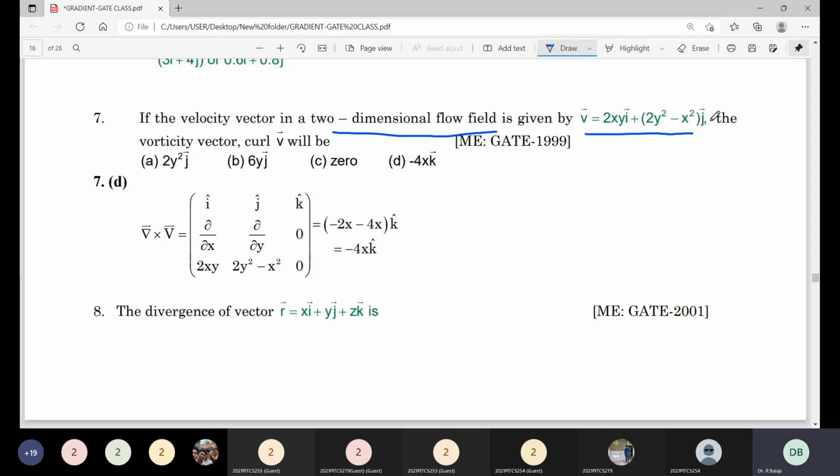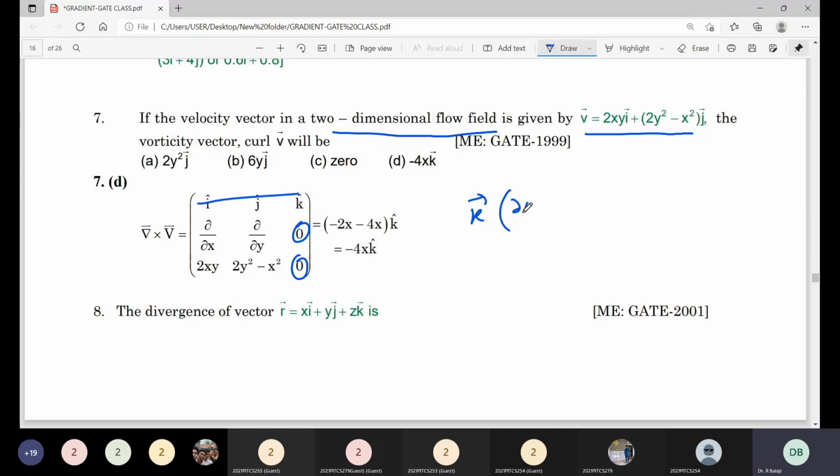Here they do not have a k term, so it is taken as 0, 0. Now we expand with respect to k, so we eliminate that row and column.